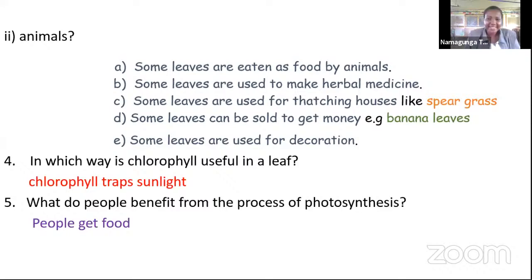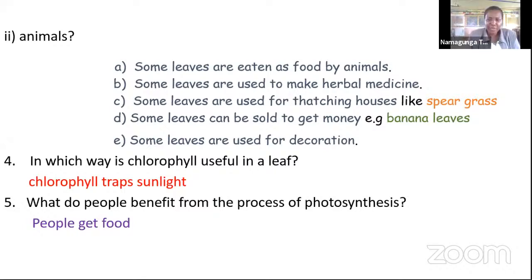Okay, that is all. Give us an example of the leaves which can be used to make herbal medicine. Mango leaves. Yes, but we have mango leaves, avocado leaves.